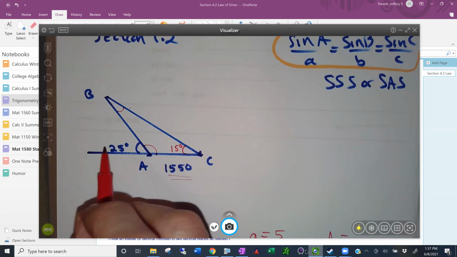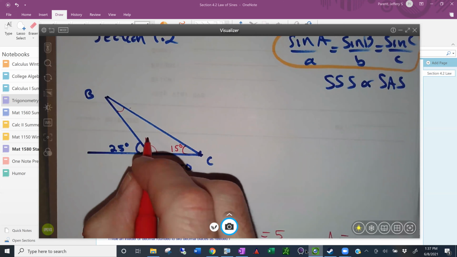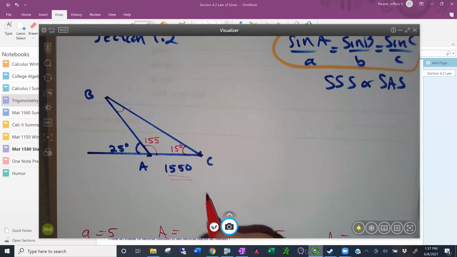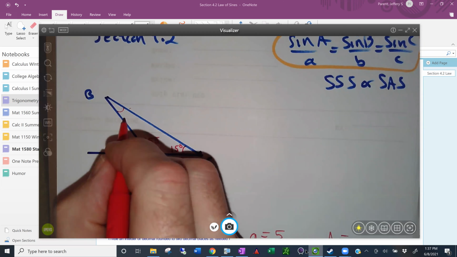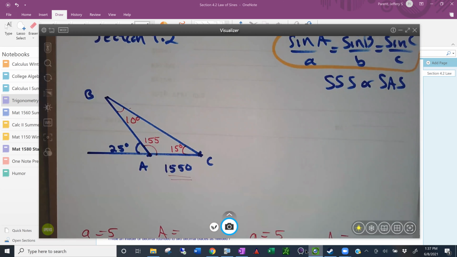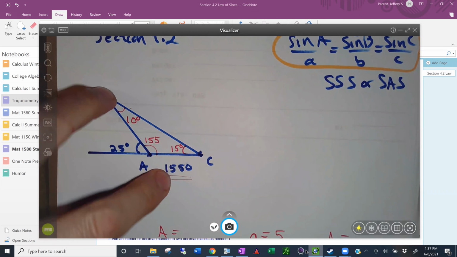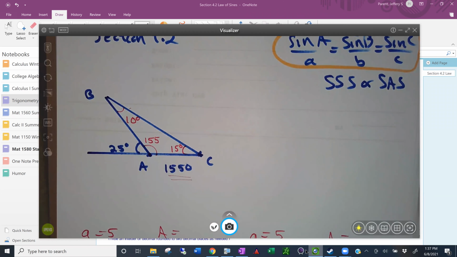So 180 minus 25 gives me 155. And with that added together, I get 170. So that has to be a 10-degree angle. And that's what I was looking for, the measure of that angle, so that I have an angle and opposite side pair, and I can use the law of sines.